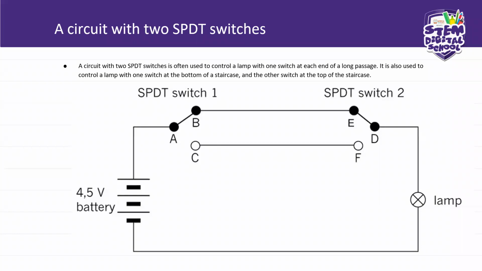You enter the house, you are at one end of the passage and the light is there. So when you are entering the house, you are going to turn the light on from this side, okay? And when you are at the other end of your passage, you can still turn the light off, okay? Because the output component is one, but because of the distance, you need two switches.